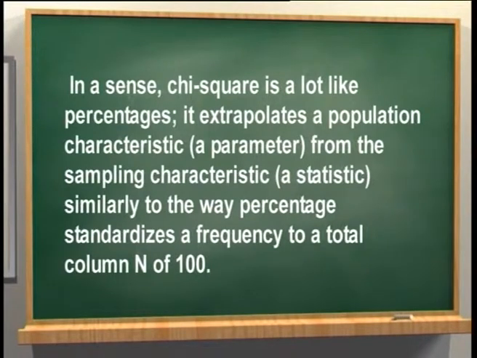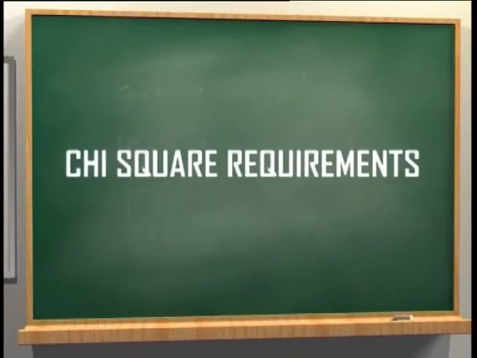It extrapolates a population characteristic, that is a parameter, from the sample characteristic, that is a statistic, similarly to the way percentage standardizes a frequency to the total column n of 100. But chi-square works within the frequencies provided by the sample and does not inflate or minimize the column and row totals.